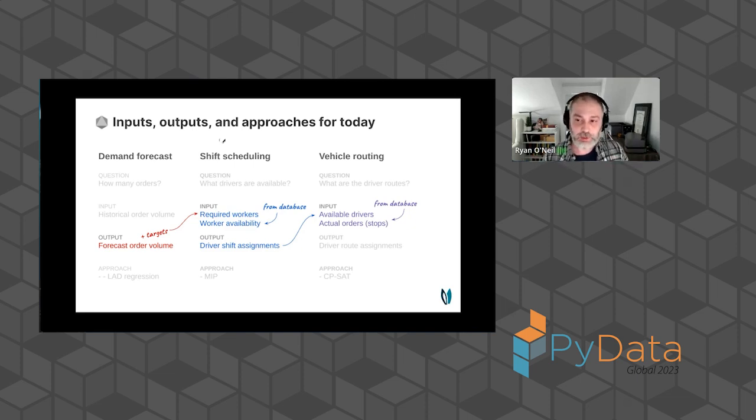Then, given the amount of demand, available drivers, and my economic targets, which is essentially orders per driver or orders per driver hour, how can I optimally schedule to be right where I want to be? I don't want too many drivers because that's expensive, and I don't want too few drivers because that gives bad service. So that's what we do with scheduling.